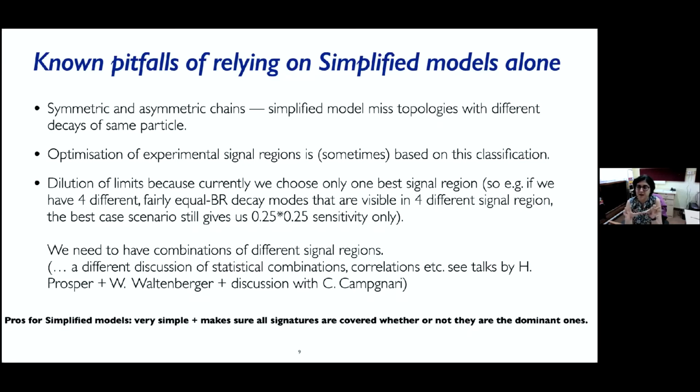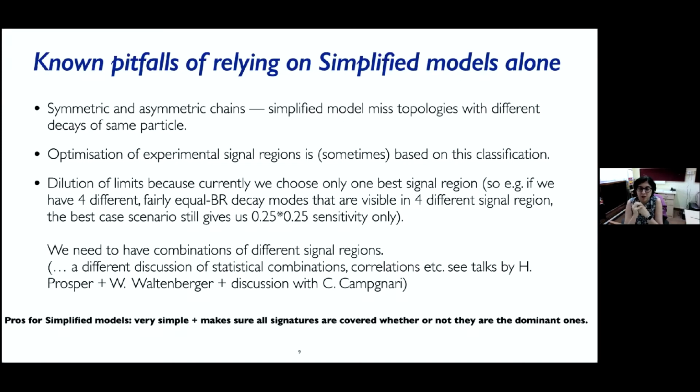You do some expected signal strength analysis, and based on that, you choose what your best signal region is going to be. Which means if you have 4 different branching or decay modes open at a time of approximately equal strength, then you are only sensitive when both go into the same decay mode, which means you have this 1/16 factor reducing your sensitivity.